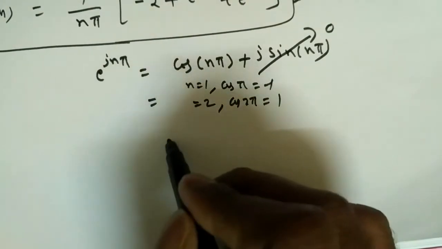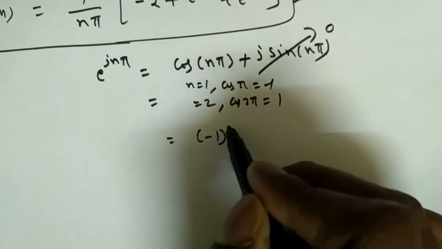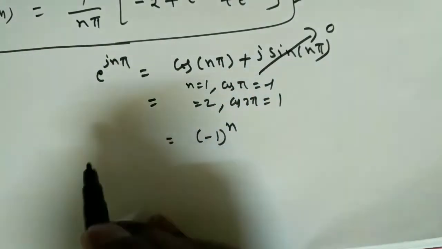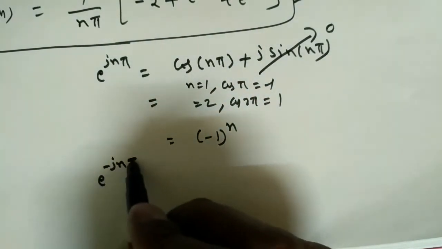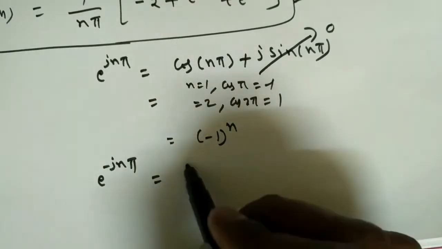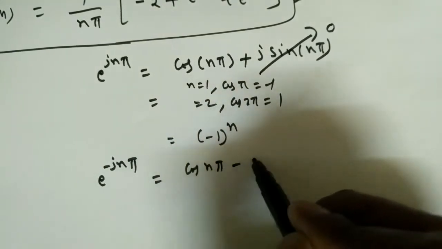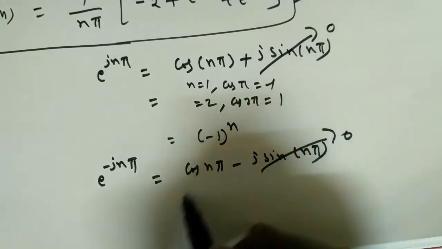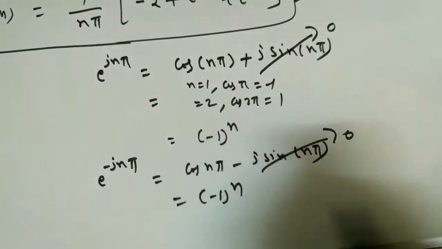So that means this e power j n pi, we can write as minus 1 power n for all possible n, right? Similarly, e power minus j n pi can be written as cos n pi minus j sin n pi. So anyway it will be 0, so again it will be minus 1 whole power n.